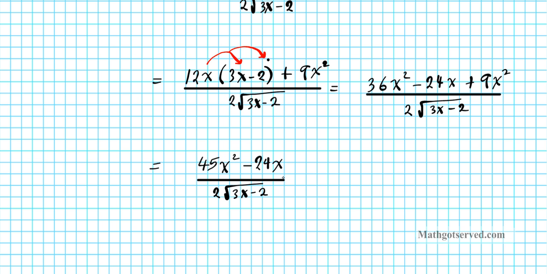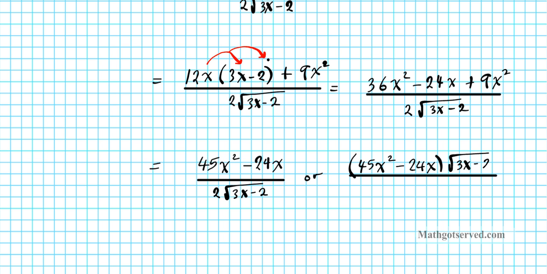Okay? Now, some books might require you to simplify, or some teachers might want you to simplify this because you have a radical on the bottom. So in order for you to get that, you can just multiply the numerator and the denominator by root 3x minus 2 to rationalize the denominator. Alright, and if you do that, you're basically going to have 45x squared minus 24x in the numerator, multiplied by the square root of 3x minus 2.